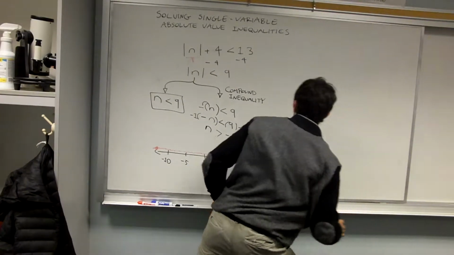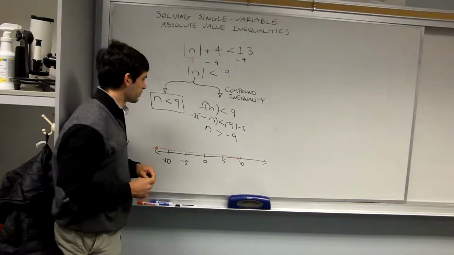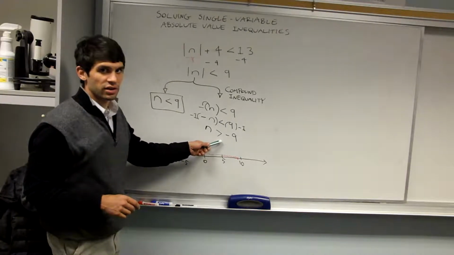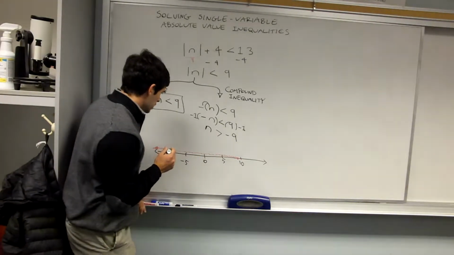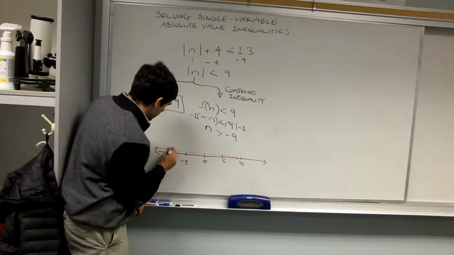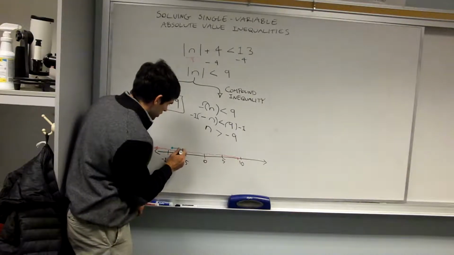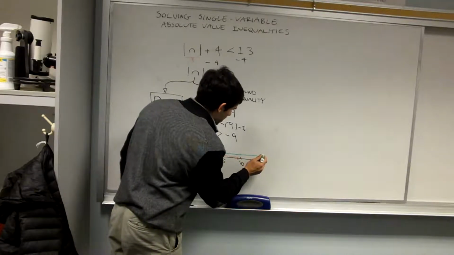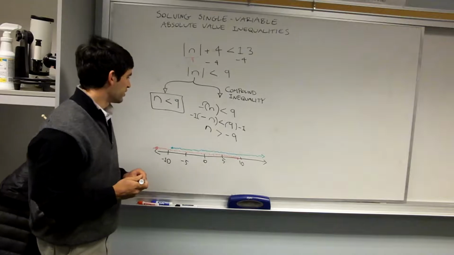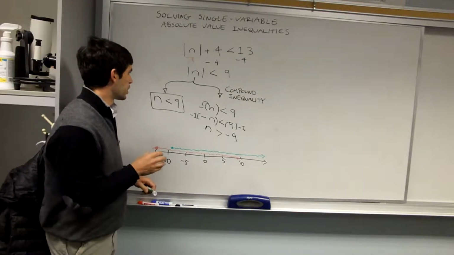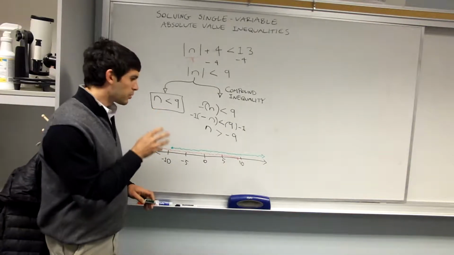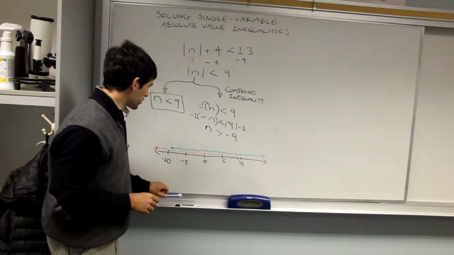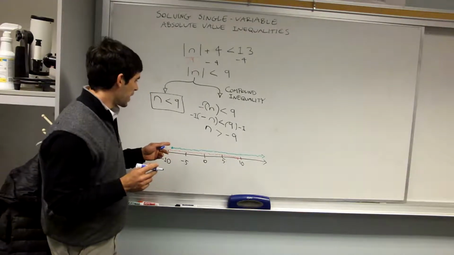On the other component of the inequality, we have n is greater than negative 9. So we're going to plot negative 9 here, and we're going to shade in this area here. And the answer to our problem is going to be the area that's shaded by both.